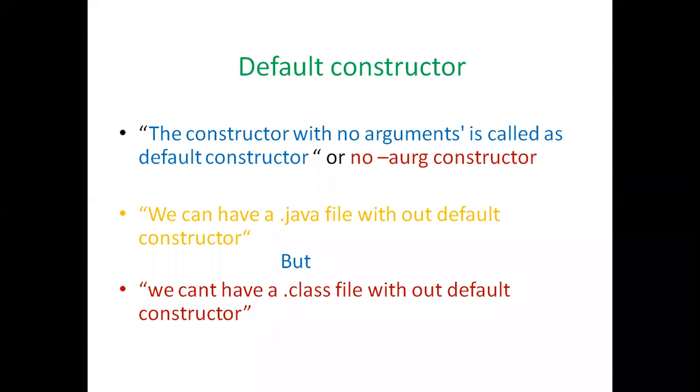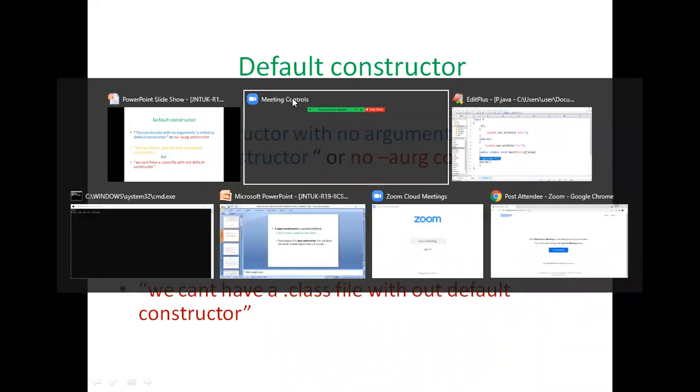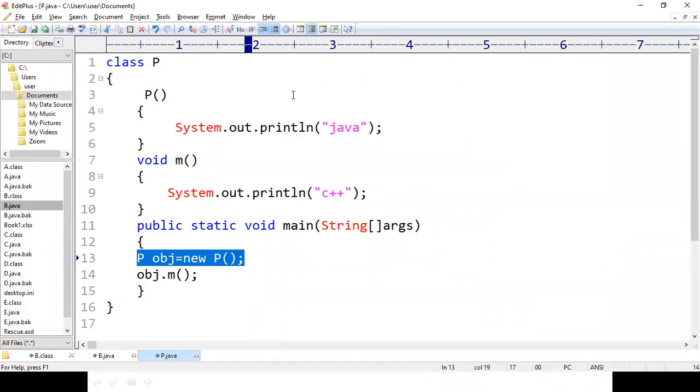So in the second part, if there are 0 parameters, then the type of constructor is called a no argument constructor, or it can also be called a default constructor.